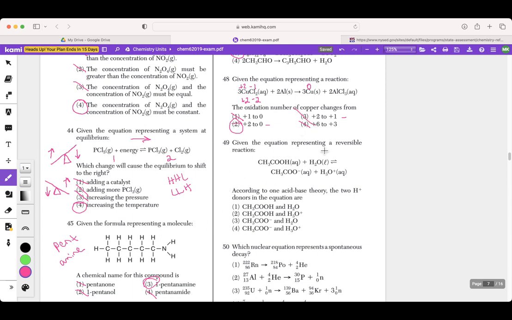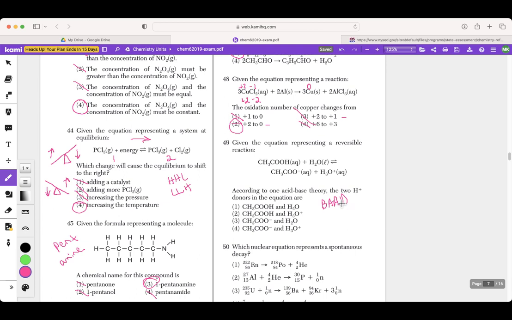49, given the equation representing a reversible reaction, according to one acid-base theory, the 2 H+ donors in the equation are blank and blank. This one's harder. Now we can remember bad. Bases accept, acids donate.